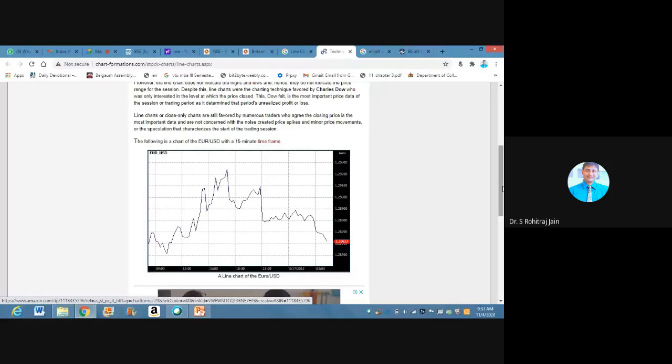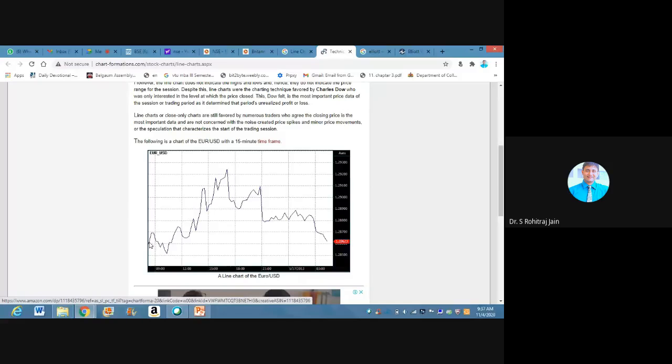I'll repeat once again. A line chart is a graph of successive days' closing prices, and it is created by connecting a series of data points together with a line. So this is the most basic type of chart used in finance, and it is generally created by connecting a series of past prices together with a line.